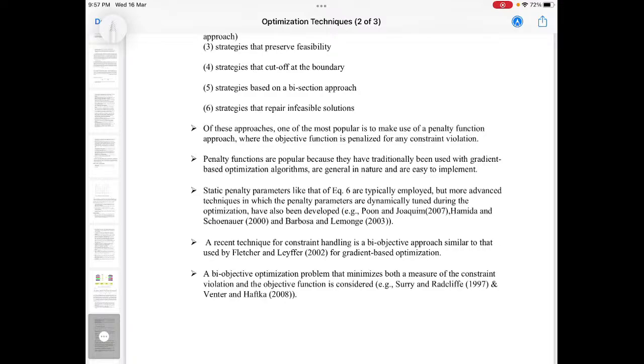Then a bi-objective optimization problem that minimizes both a measure of the constraint violation and the objective function is considered. Examples can be seen in Surry and Radcliffe 1997, and Venter and Haftka 2008.